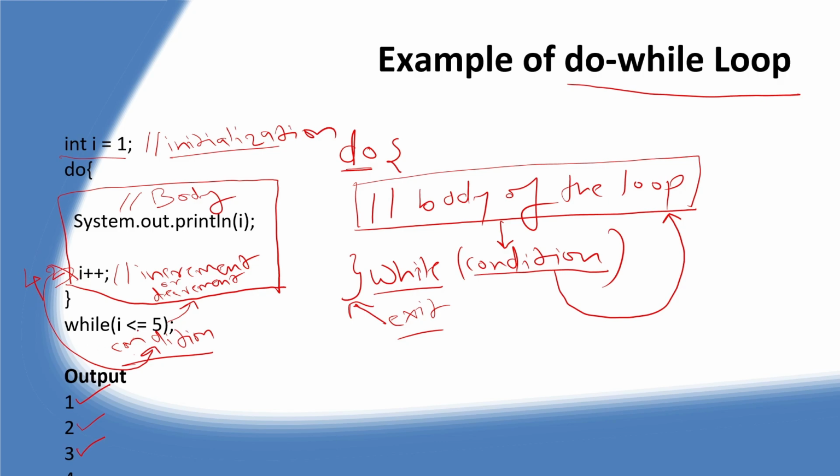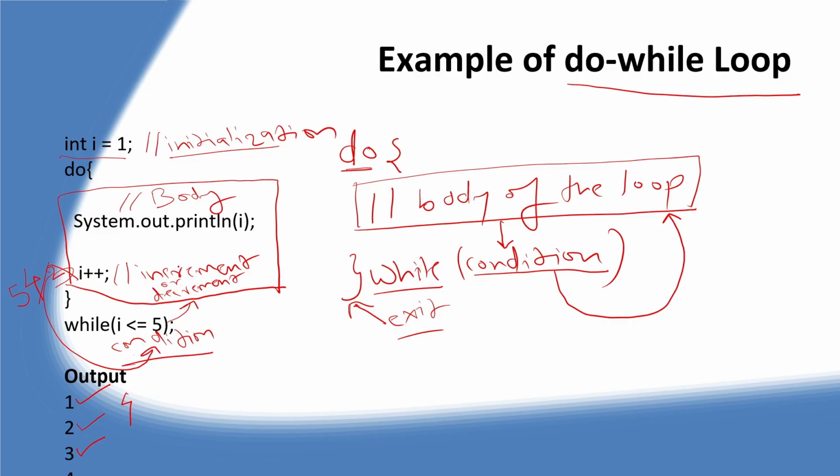And again it will check the condition. 4 less than or equal to 5, yes, true. Again it will execute the body, print 4, and increase the value of i to 5. Again it checks the condition: 5 less than or equal to 5, the condition is true.